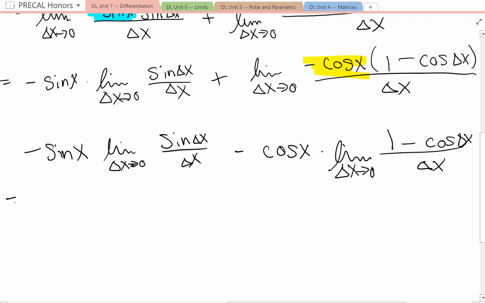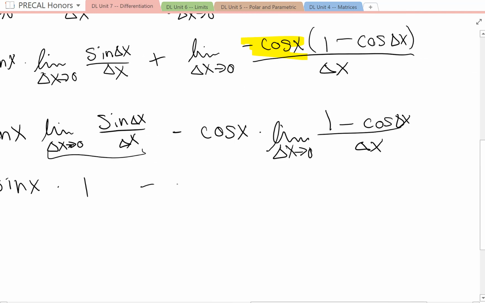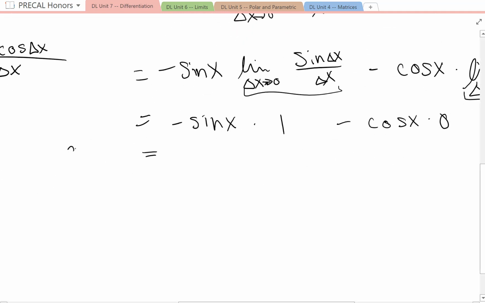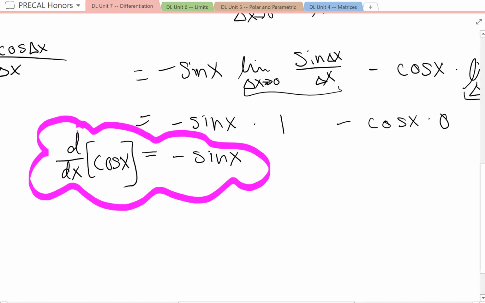All right, so we have negative sine x, the limit as delta x approaches 0 of sine delta x over delta x, that is 1, so times that by 1, minus cosine x times the limit of this is 0. So what is the derivative of cosine x? Negative sine x times 1 is negative sine x. Negative cosine x times 0 is 0. The derivative of cosine with respect to x is negative sine x.